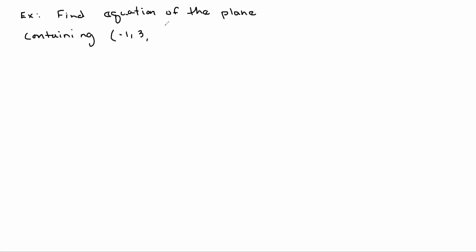Find the equation of the plane containing (-1, 3, -2) with normal vector (1, 4, -3).